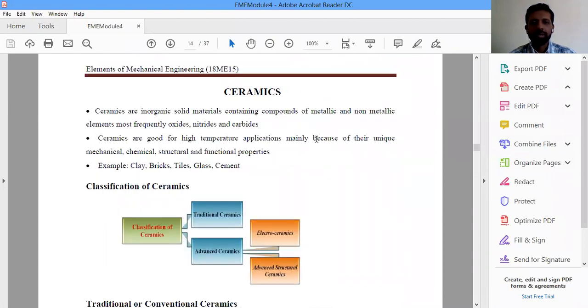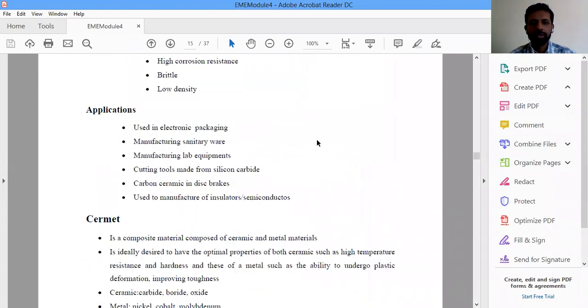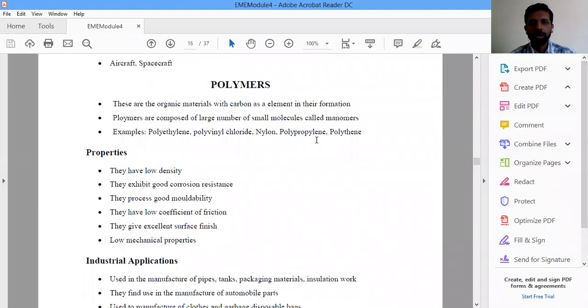Next, we will have a look at polymers. What are the properties of polymers? Basically, they are made up of polyesters. They have a continuous chain of repeated chemicals bonded together. So we have polythene, polyvinyl chloride, nylon and many other polymers.